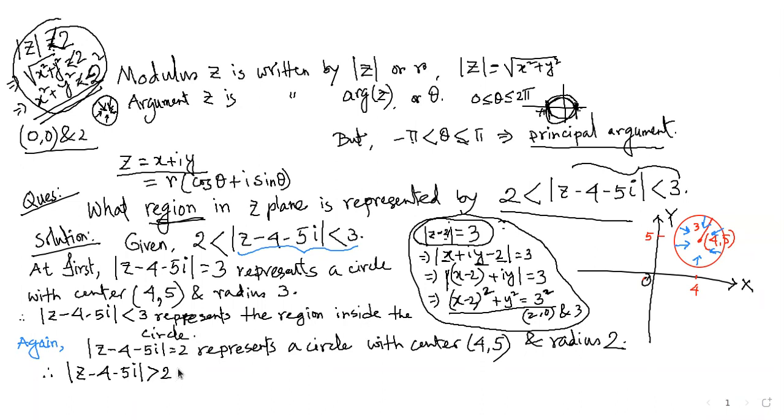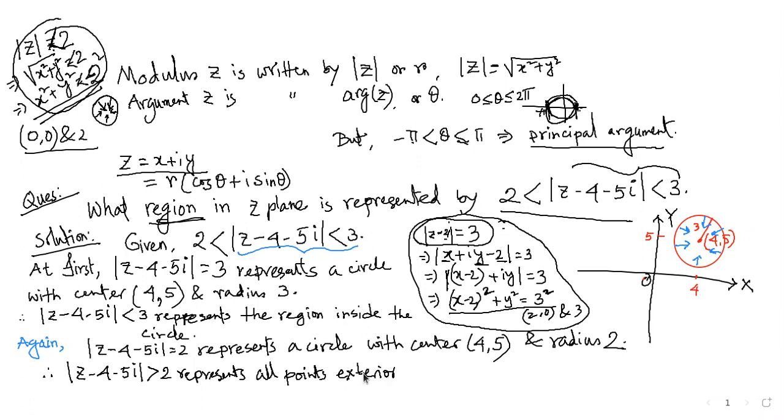explains or represents all points outside the circle. Exactly, all points. Good, represents all points. We can write this way also, all points exterior of the circle.